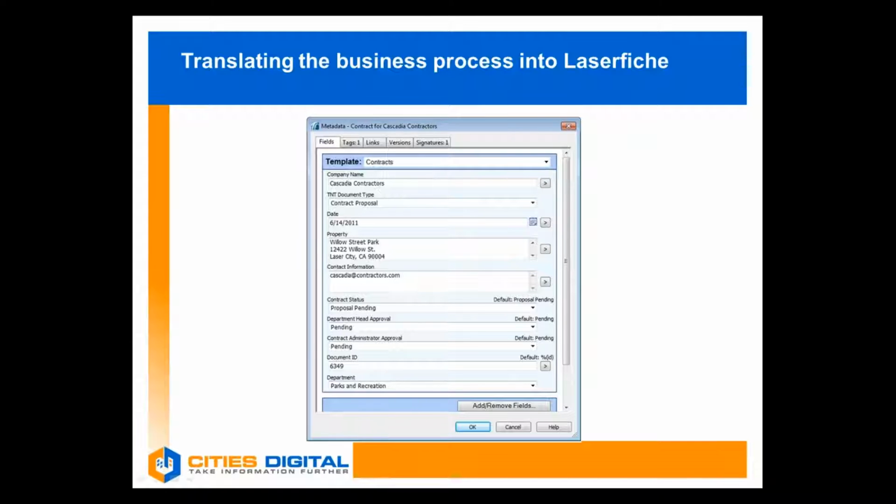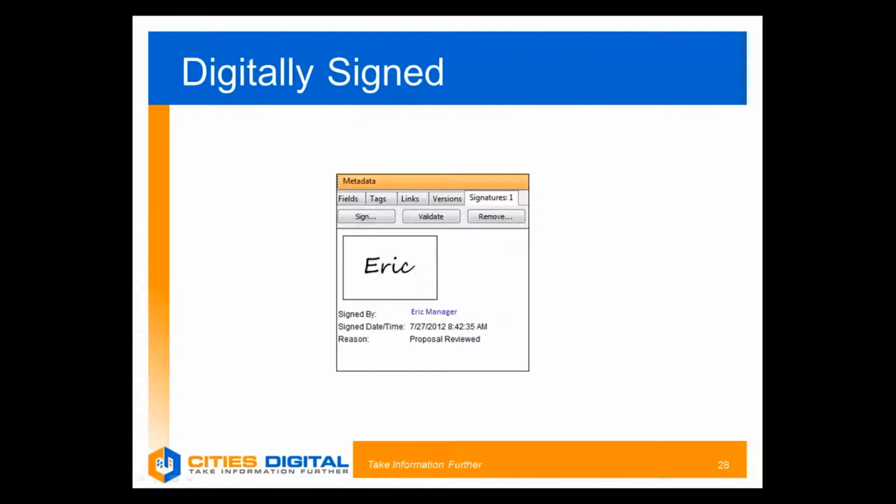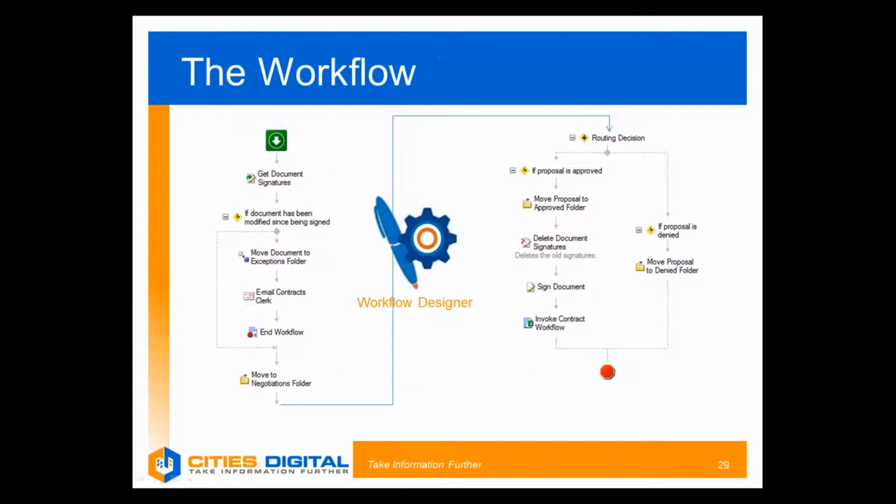So here the department head will review the proposal, either approves it or denies it by changing the value of a field. In this case, the department head approval field. He or she would then be able to digitally sign the document to signify that, yep, this has been approved. And again, on certain occasions it may be sent to others within the department to review and countersign the document as well.